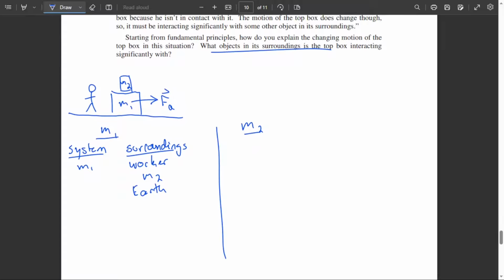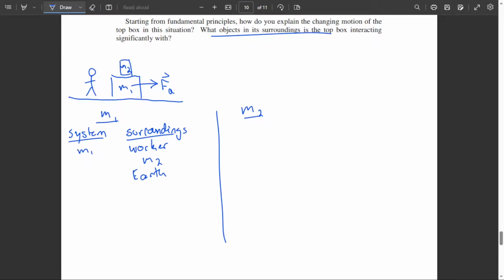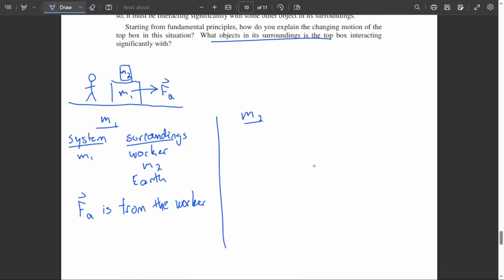We know box 1 is being accelerated to the right by the worker. It's being pulled down by gravity, pushed up by the normal force. So, everything seems to be in order. We'll just say that FA is from the worker. And that's a pretty standard situation.